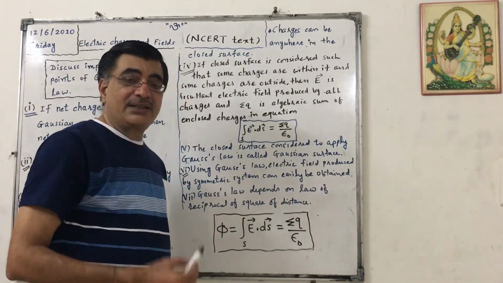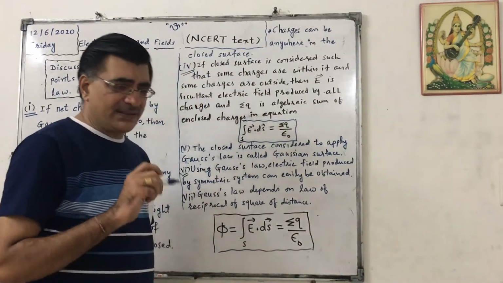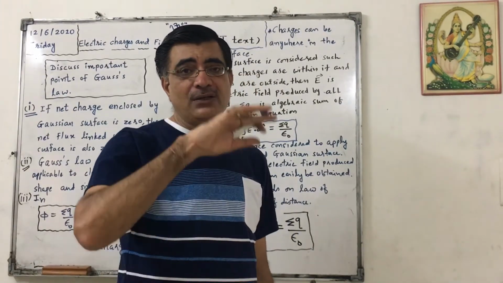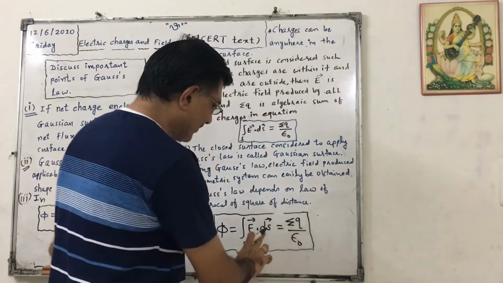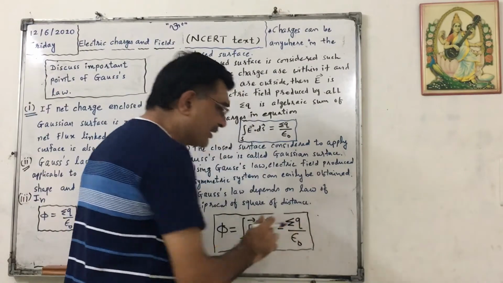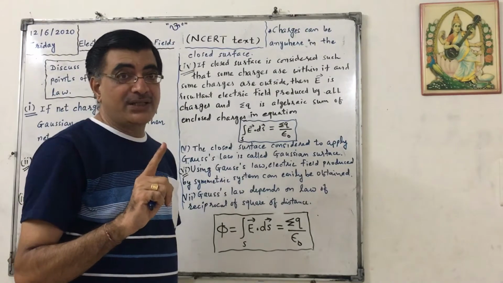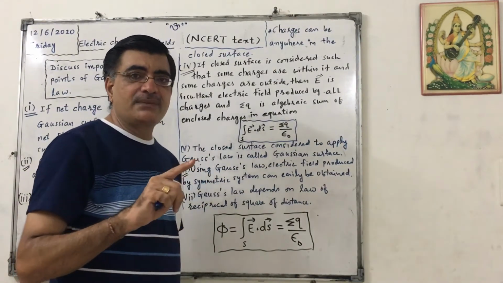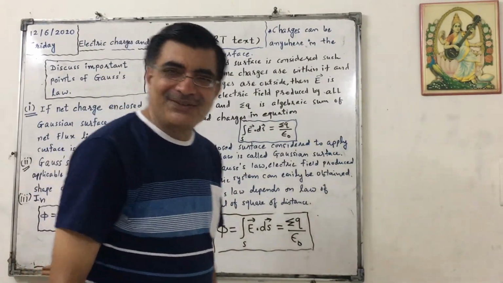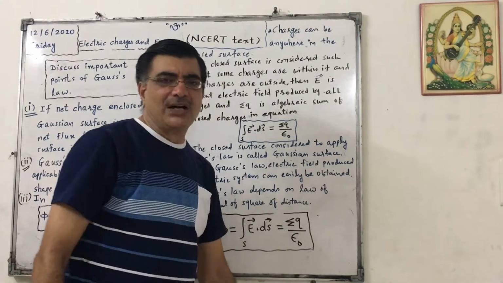Vector E is the electric field produced. dS is the area of a small segment of the enclosing surface, and we have to consider the total surface area. Sigma q is the net charge enclosed. What is meant by net charge? It means the algebraic sum of all the charges. Epsilon naught is the permittivity of vacuum. So this is the mathematical form of Gauss's law.